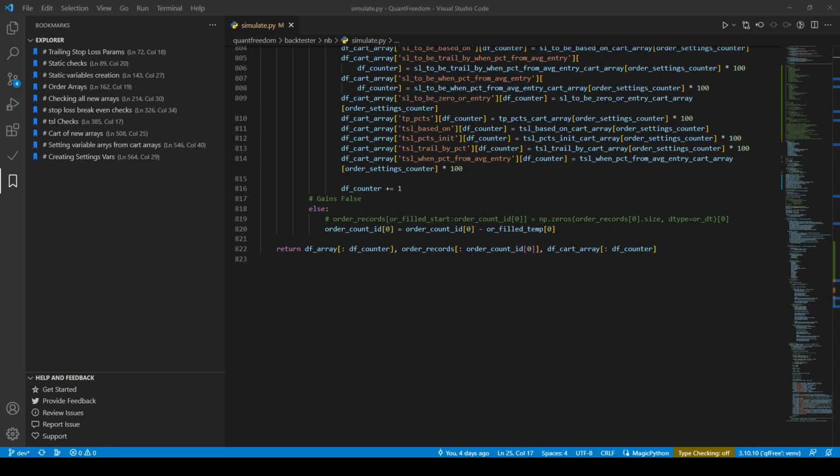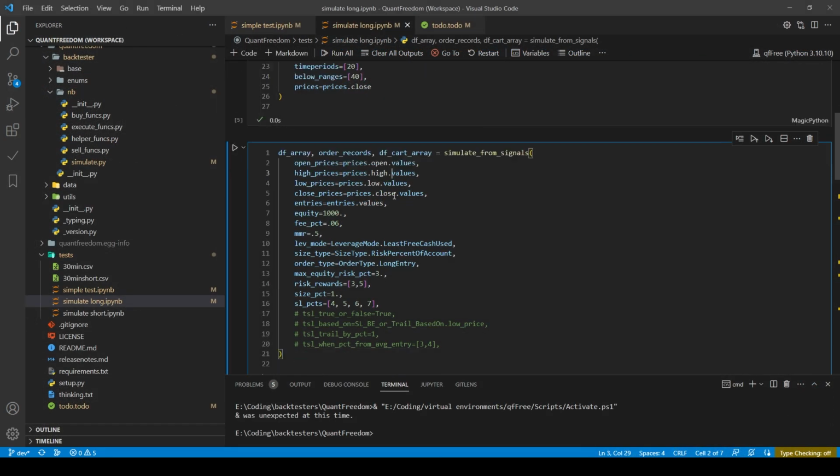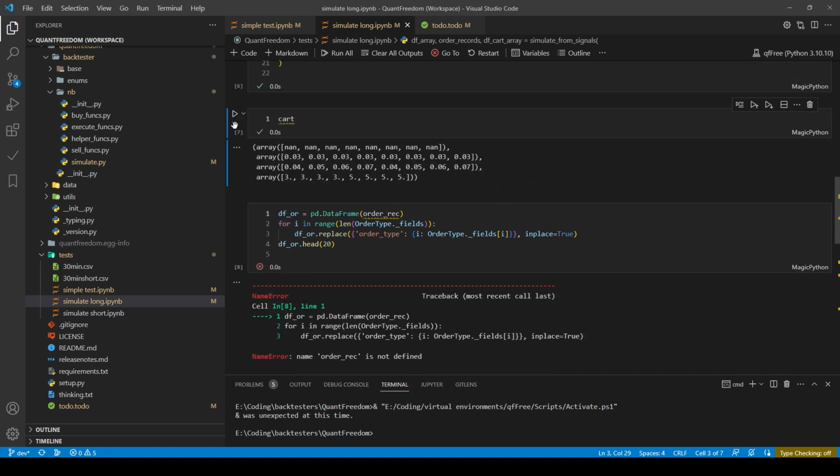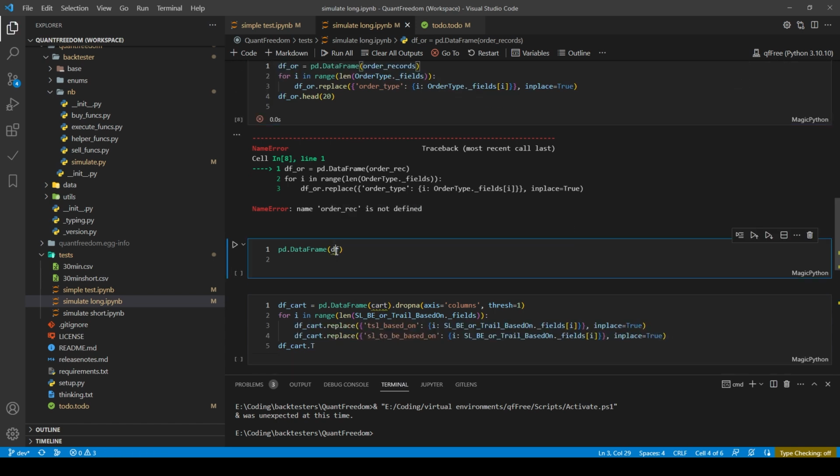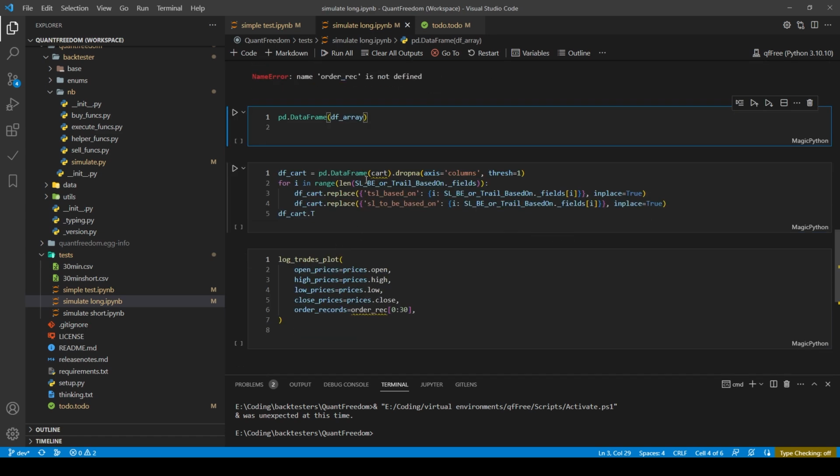And df card array. So then we come down here. Records. And this would be df. This would be df.